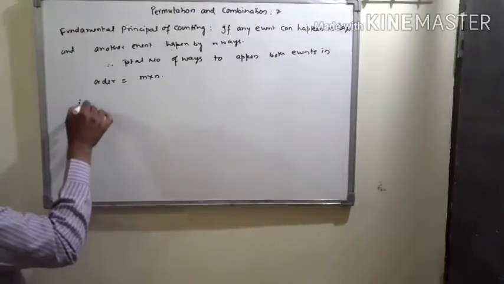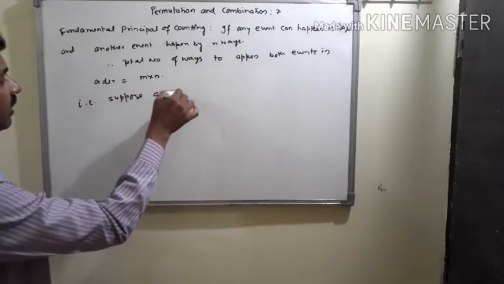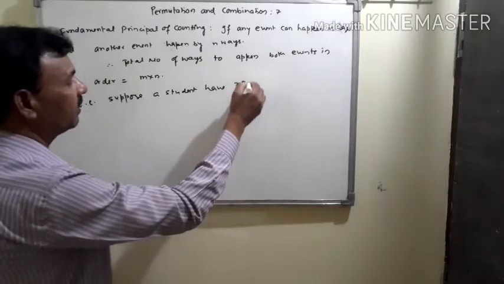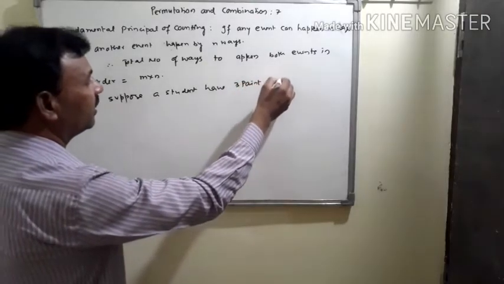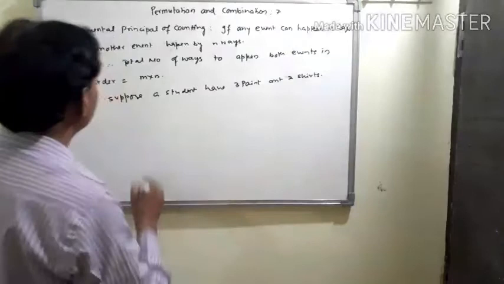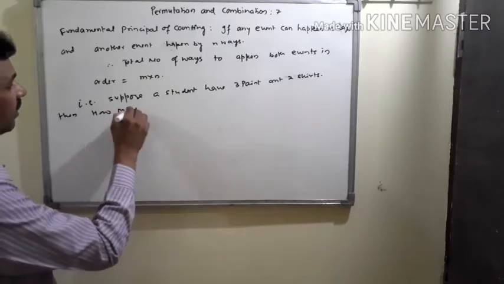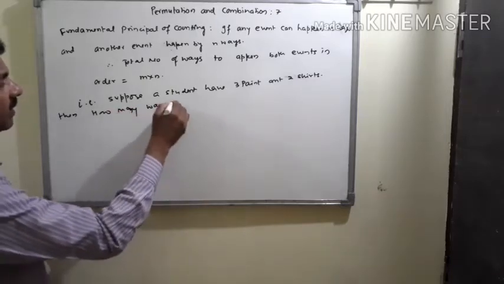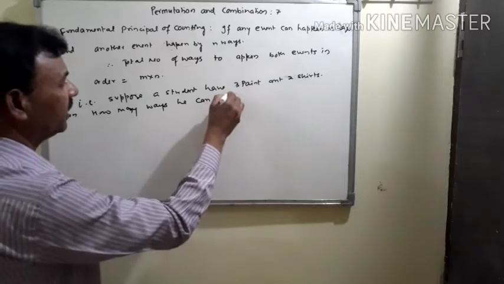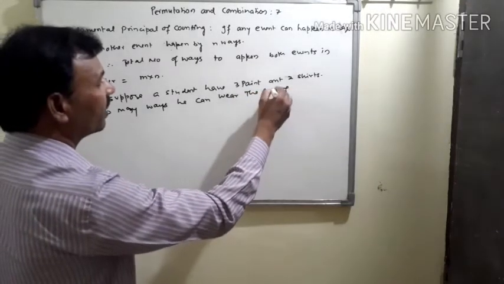Now we will take an example. Suppose a student has 3 pants and 2 shirts, then in how many ways can he wear the pair of pant and shirt?